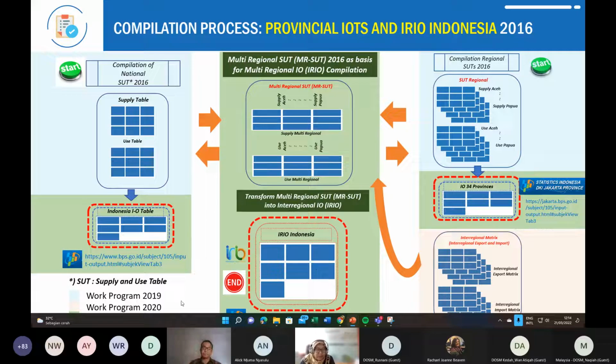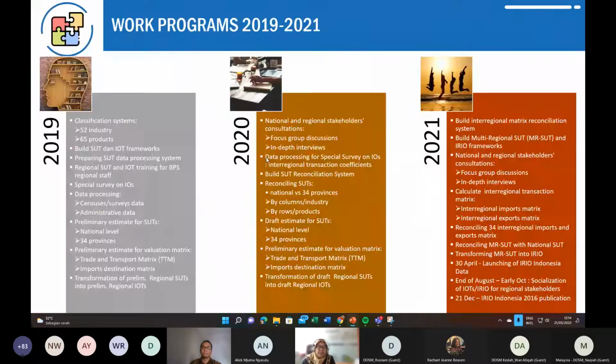So the work program is starting in 2019 and finishing in 2021. The work program began with setting the classification system. We choose 52 industries and 65 products for all SUT regional and also national SUT.